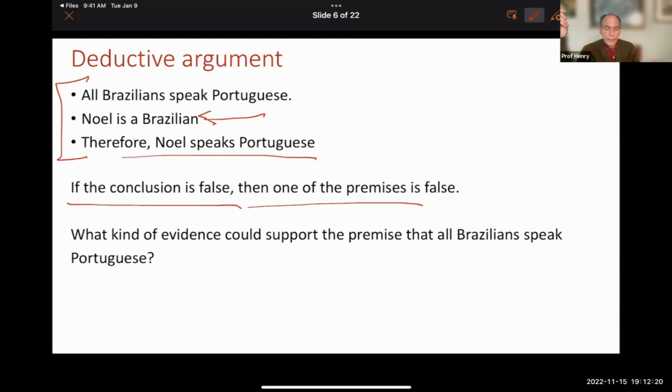So one could say, well, what kind of evidence supports the premise that all Brazilians speak Portuguese? So now, to refute this argument, you're looking at the certainty of the premise. Well, how do I know this?